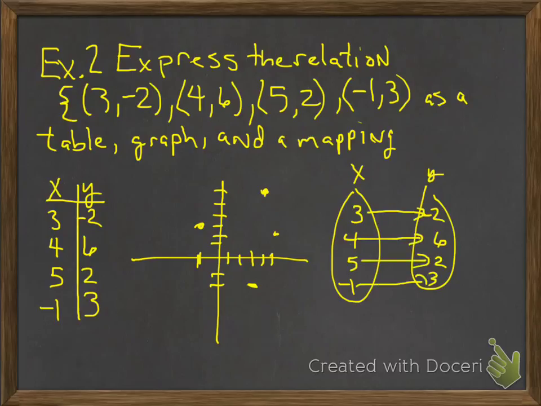Notice how I have a line going to each one, and since there were 4 different x's and 4 different y's, I just drew it like that. Sometimes you see in mappings where they'll put them in order, from lowest to highest. I'm not too worried about that. I'm just more worried about you putting the numbers in there correctly. Do you realize that this is a -2 up here on the top on the y mapping?